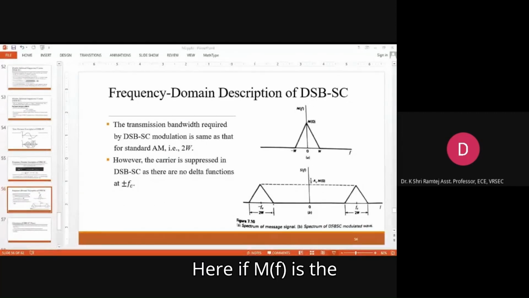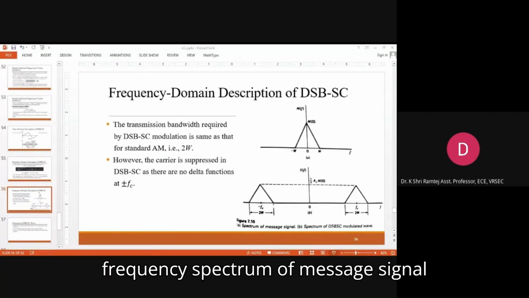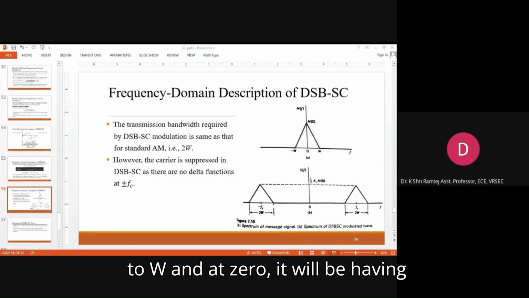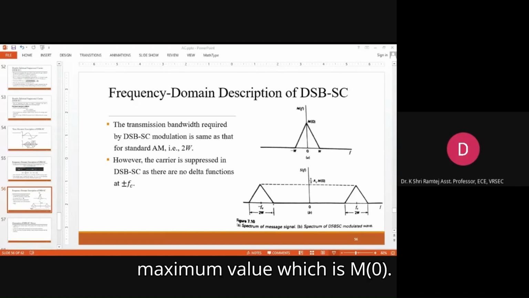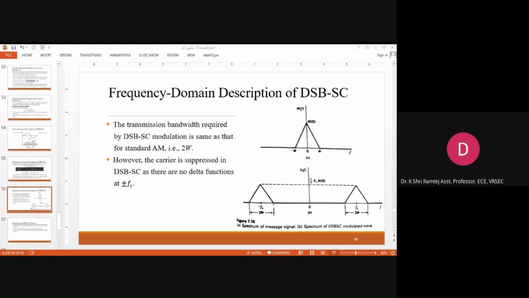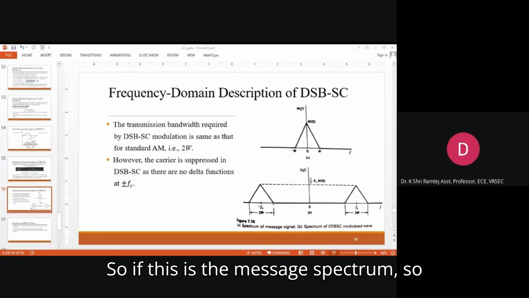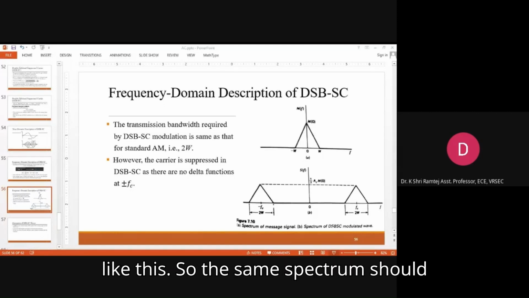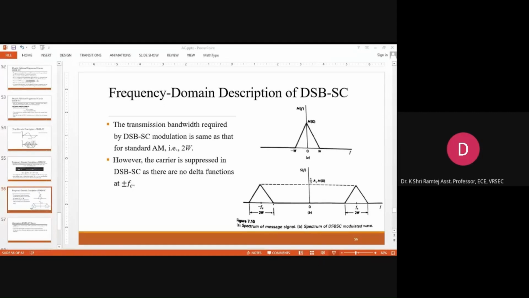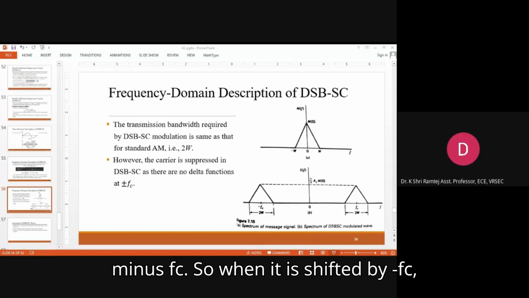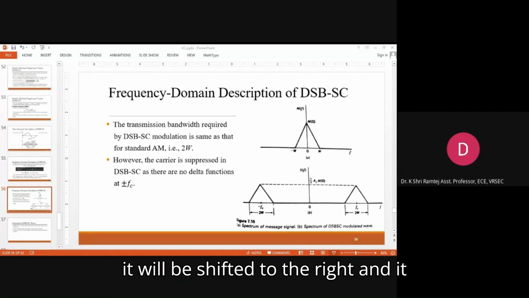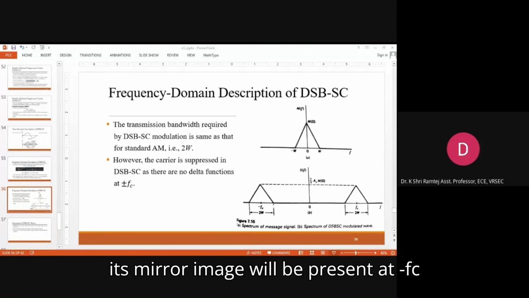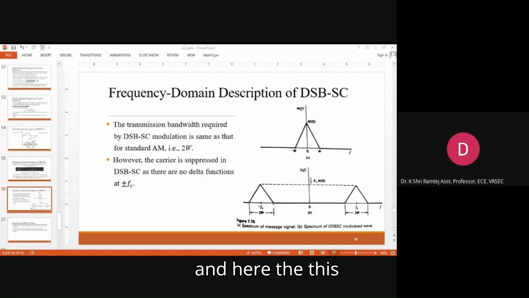Here, M of f is the frequency spectrum of the message signal, which is occupying the frequencies from minus W to W, and at 0 it will have its maximum value, which is M of 0. So if this is the message spectrum, the DSB-SC spectrum will look something like this. The same spectrum will be shifted by frequencies plus or minus f_c. When it is shifted by f_c, it will be shifted to the right and centered around f_c, and similarly its mirror image will be present at minus f_c.